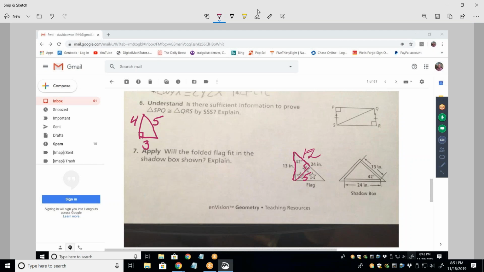In other words, there is no triangle that is a 2, 3, 4. 3, 4, 5 is the lowest one. The next lowest one is 5, 12, 13. So these two are worth recognizing because it can save you a lot of effort. Otherwise, you have to apply the Pythagorean theorem in all cases.